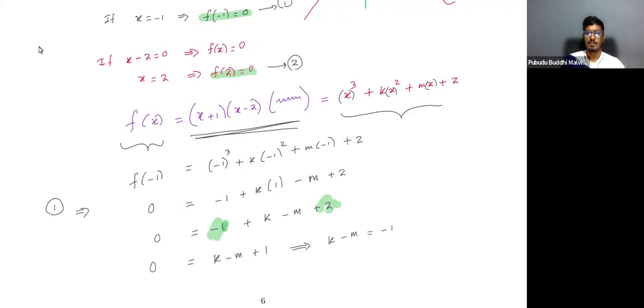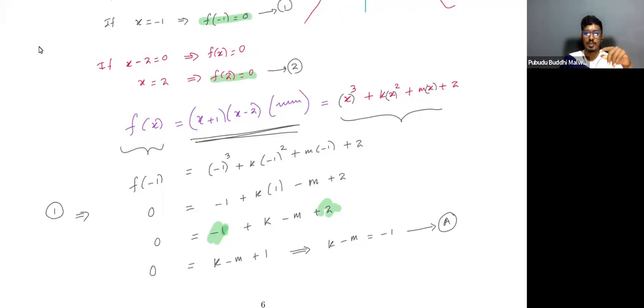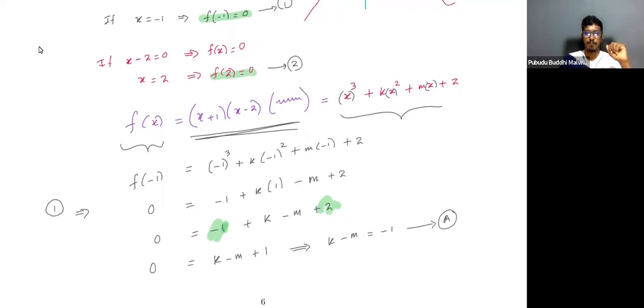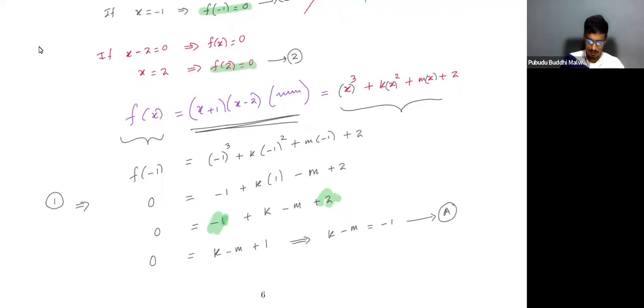That is minus 1. That's just one equation, call it A. Then similarly, by using f of 2 equals 0, you can build another equation. Then we can solve these two equations to compute k and m.